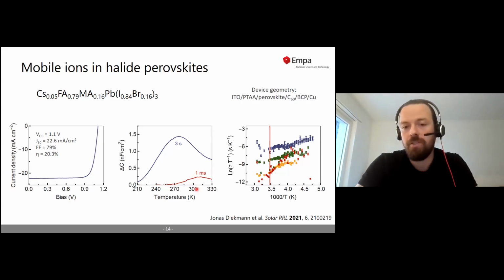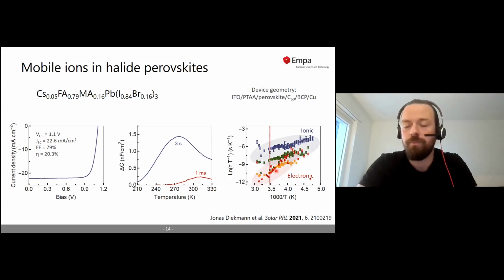So this would, I would argue, only correspond to electronic traps, whereas this is always a combination between electronic and ionic traps. And what we find on the Arrhenius plot here is that these time constants, which we obtained for only 1 millisecond, correlate with this third component here, shown in yellow.